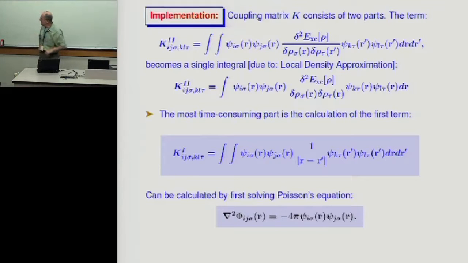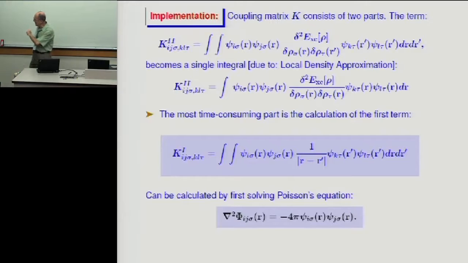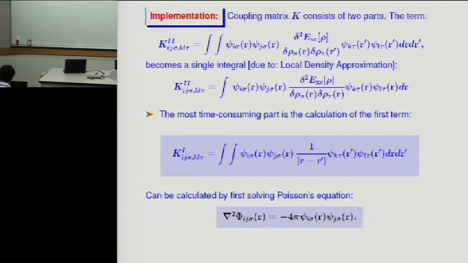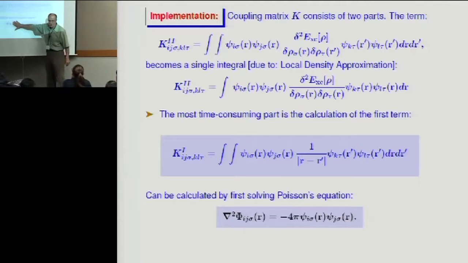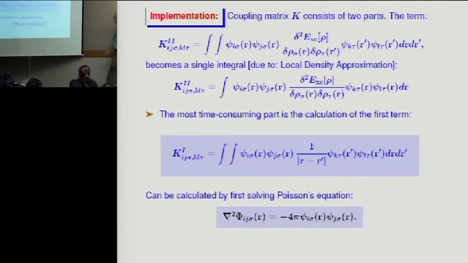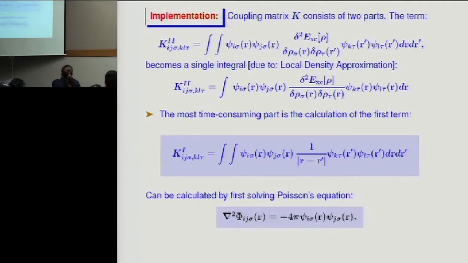And you can decouple that in two parts. The first one has to do with solving. If you take, for example, just the integration with respect to r prime, when you have this integral with 1 over |r minus r prime|, it corresponds to solving a Poisson equation like that. So that means you could do this as follows.